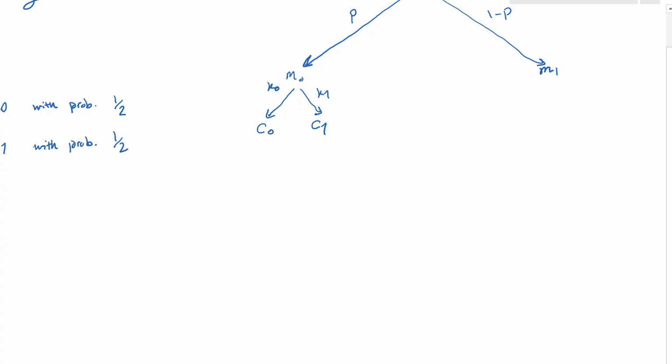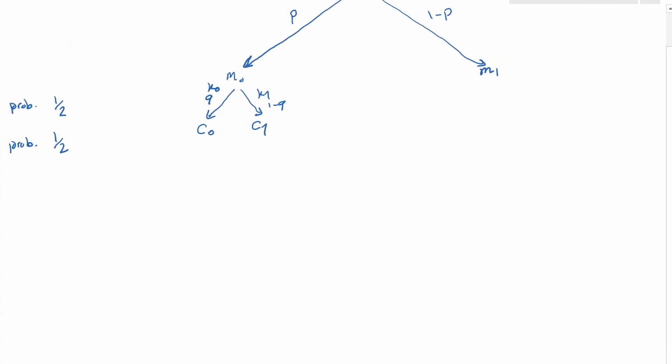So let's be generic and say with probability Q we choose K0, we don't choose it uniformly at random, and with probability 1 minus Q we select key 1.